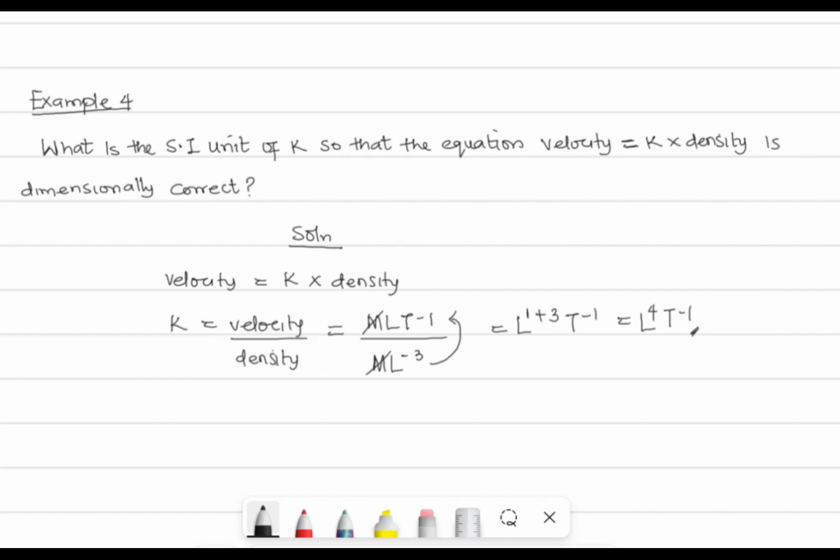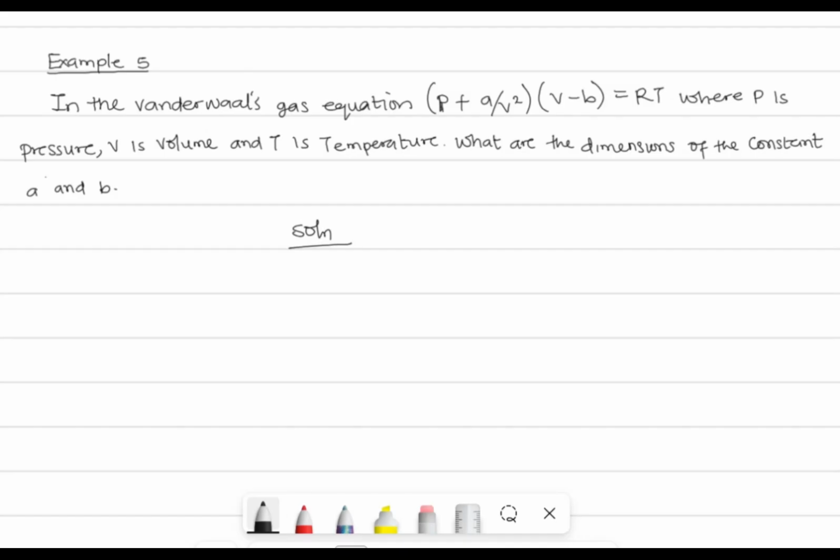Let's take the last example under this second use of dimension. For this question, it says in the van der Waals gas equation, (P + A/V²) multiplying (V − B) is equal to RT, where P is pressure, V is volume, and T is temperature. What are the dimensions of the constants A and B?